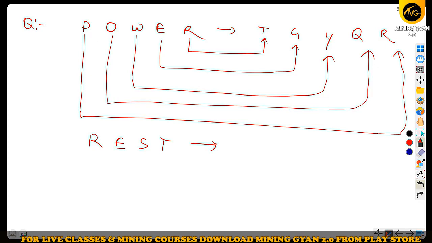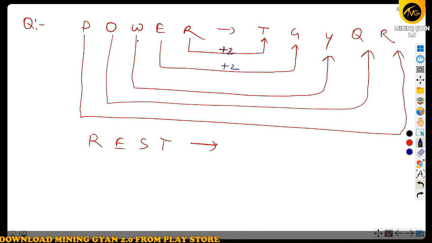Now you can find out the gap between these two alphabets, like RST. So this is the plus 2 gap. Similarly FG, plus 2 gap. UV, WXY, that means plus 2 gap.